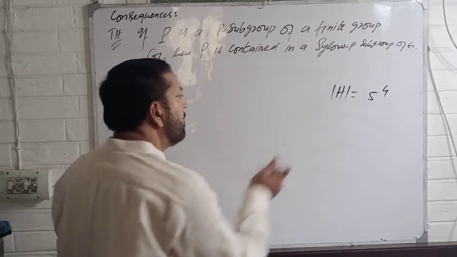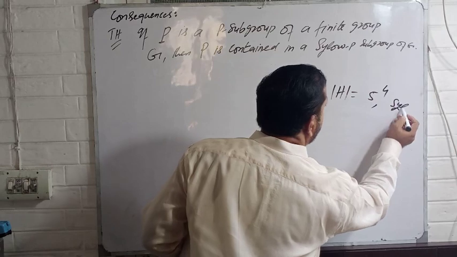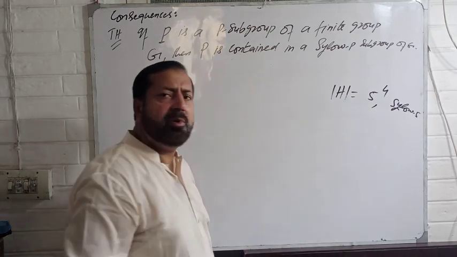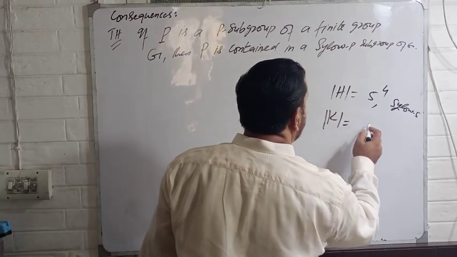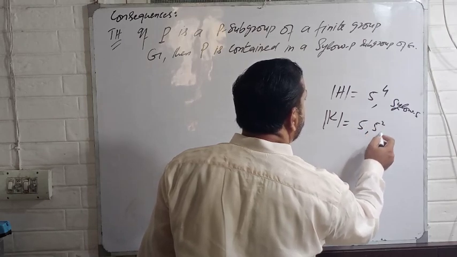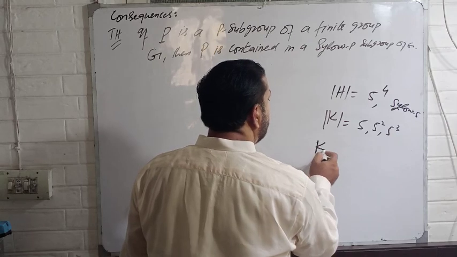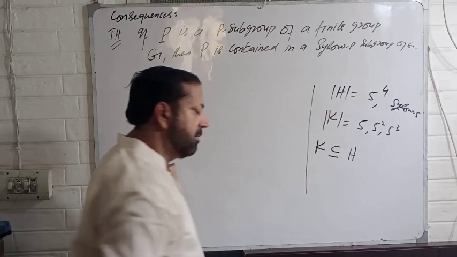You may have a subgroup, H is a Sylow-5 subgroup, and if K is a subgroup whose order is 5, 5 square, or 5 cube, you have to show that K is contained in H. This is our first theorem.